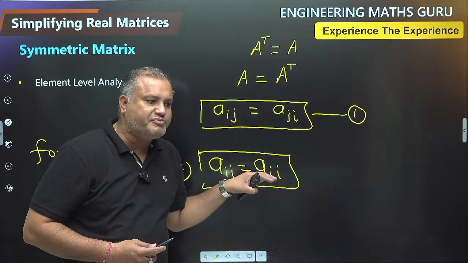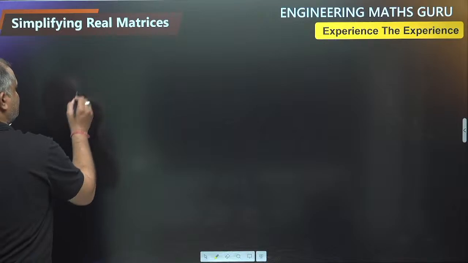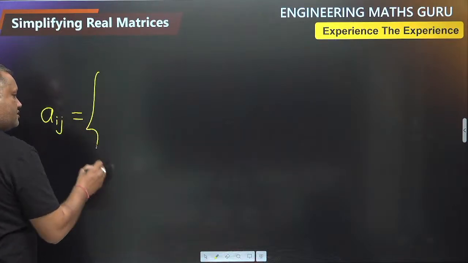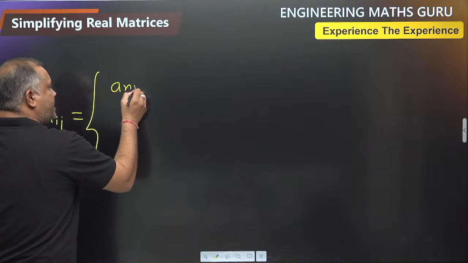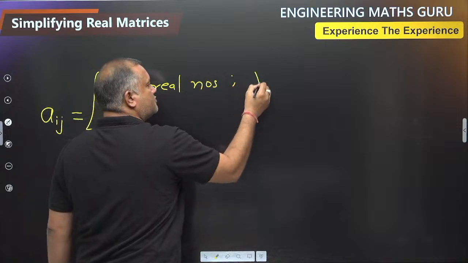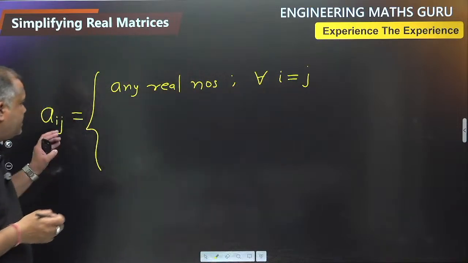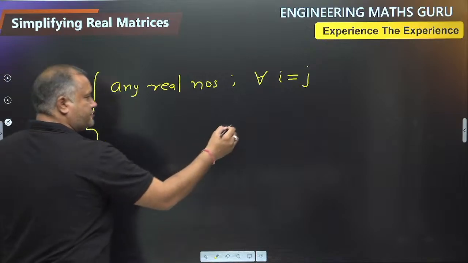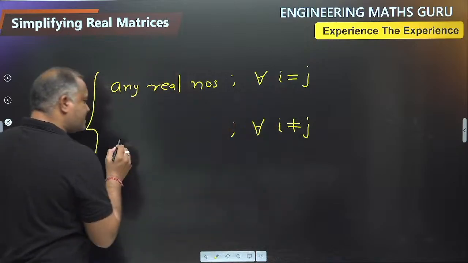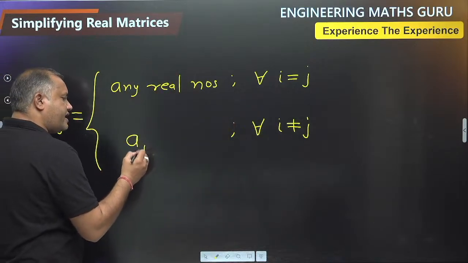No, friends. This means that for a symmetric matrix, diagonal elements can be any real numbers. They can be 0 or non-zero. Off diagonal elements satisfy a condition. Which condition will they satisfy? Tell me. Aij is equal to Aji.